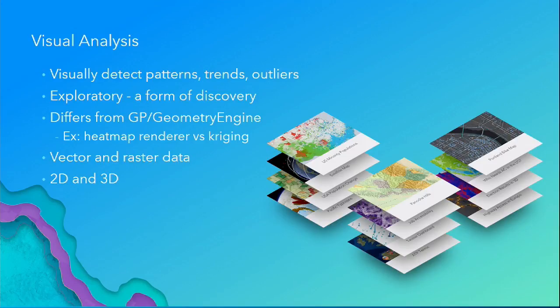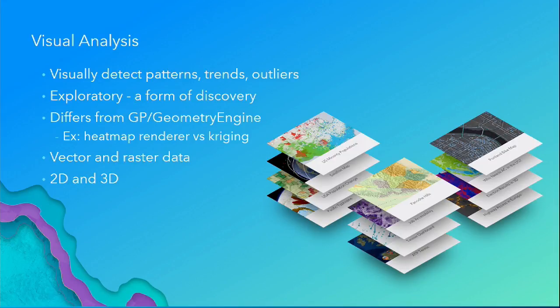The key thing to know is that it's really different from GP and geometry engine because you're not really giving it explicit inputs and getting explicit outputs as much as you are exploring your data. So think about a heat map renderer in ArcGIS Online versus using one of the kriging tools in Spatial Analyst in desktop.